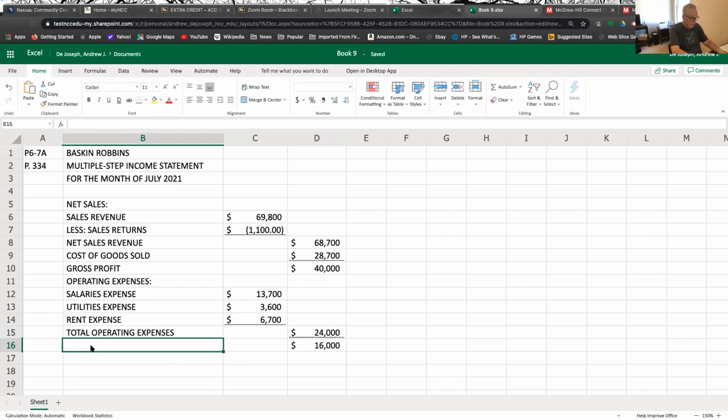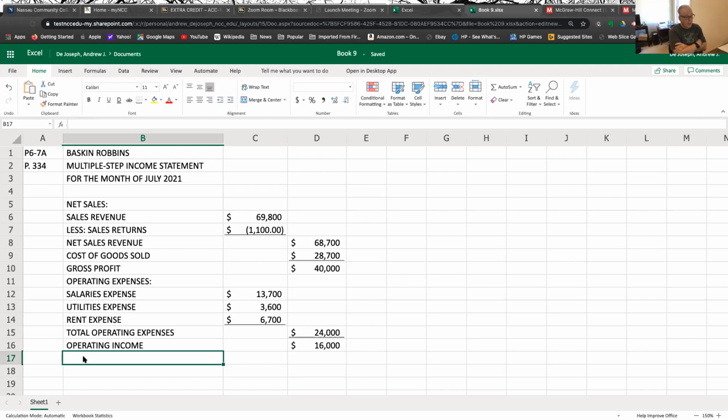That is operating income, okay? And again, operating income, in my opinion, is the most important number on the statement, because it tells you how good they were at doing the thing that they went in business to do. What did Baskin Robbins go into business to do?